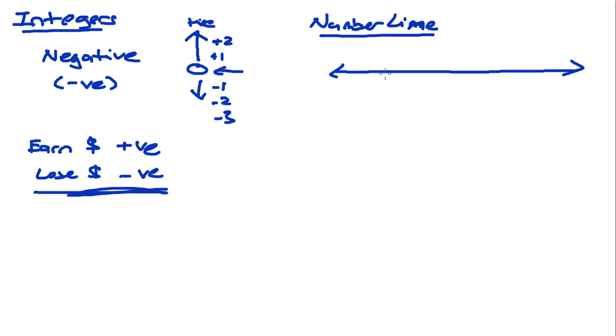How you draw a number line is you draw a line with arrows on both sides, and in the center you have the neutral, which is 0. Anything that's bigger than 0, we put on the right side. You start with 1, go to 2, go to 3, and as you go more and more to the right, the number gets bigger. And on the left side, you start with -1, go further left, -2, and then -3.